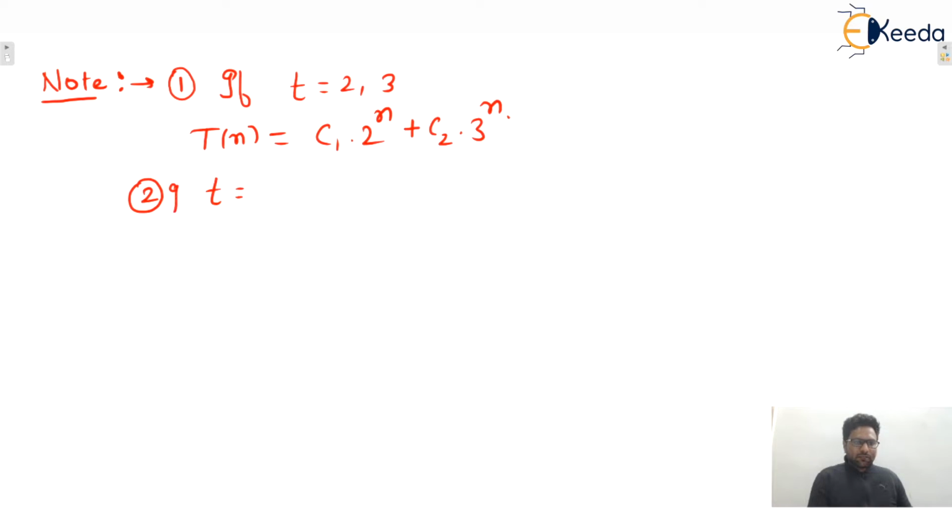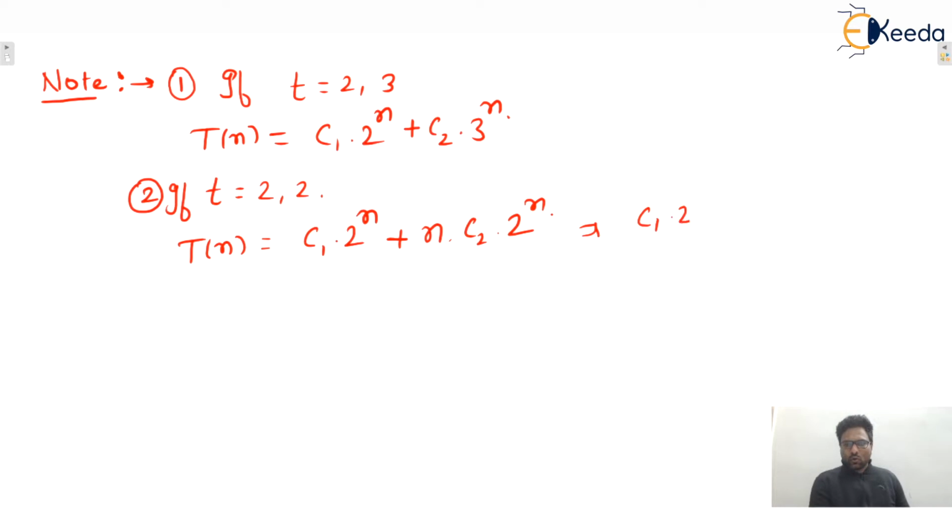Similarly, take the next example. If both roots are the same, let's say 2 comma 2, how to write the general solution? C1 into 2 raised to power n plus, remember, n times C2 into 2 raised to power n. Why? Because if we write C1 into 2 raised to power n plus C2 into 2 raised to power n, then we can take 2 raised to power n common and this becomes C1 plus C2.